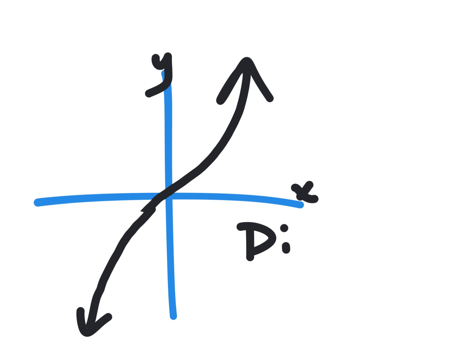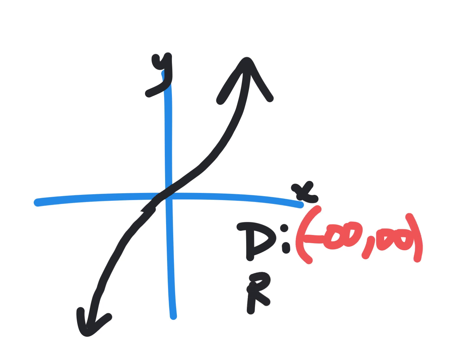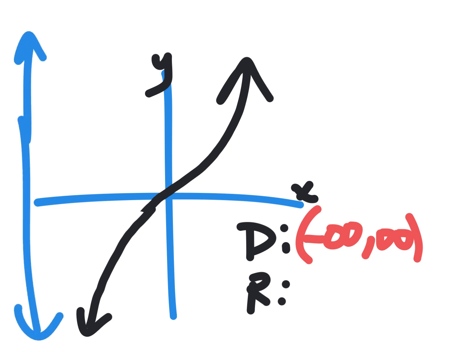Goes forever this way and forever that way, which is negative infinity to positive infinity. How far does it go for its range, also known as its y values? Doesn't it go forever this way and forever that way? Negative infinity to infinity.